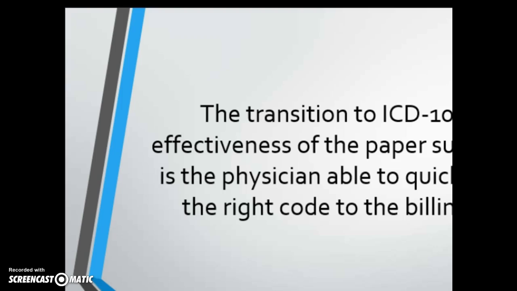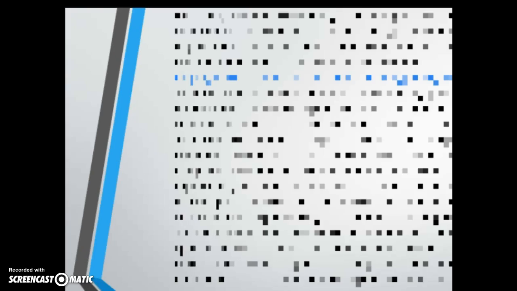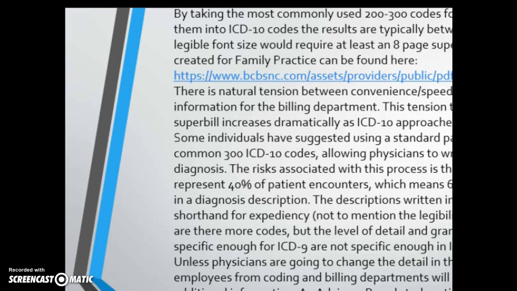In fact, it's already been estimated that in order to capture a general practice superbill in ICD-10, it would be 21 pages, two-sided. So that is going to fade away. Cheat sheets, however, I do highly recommend.